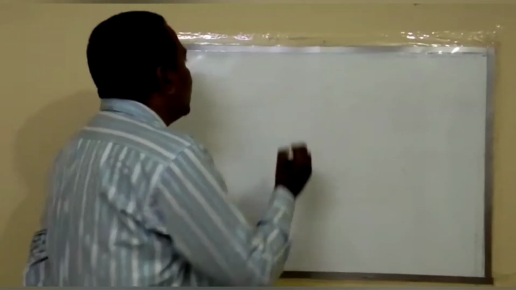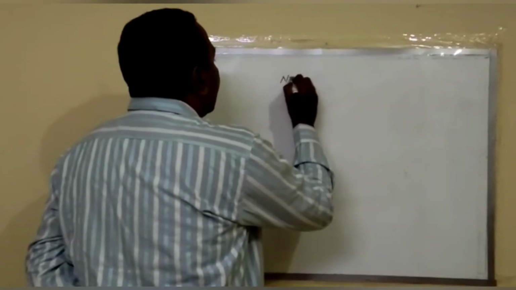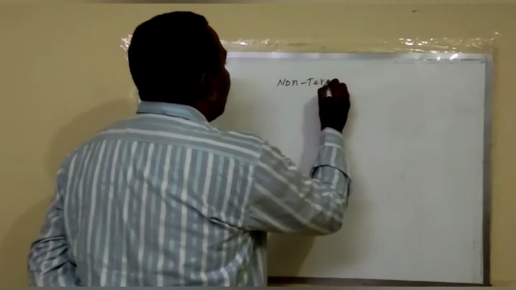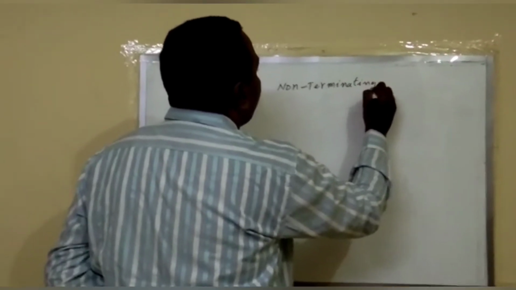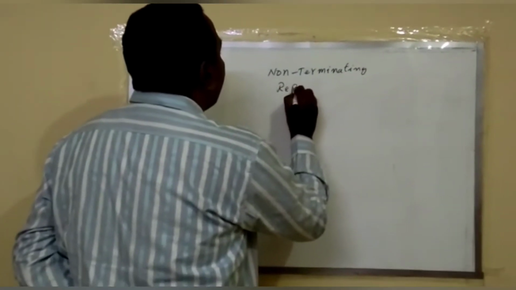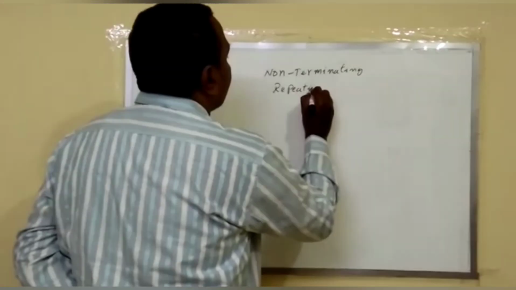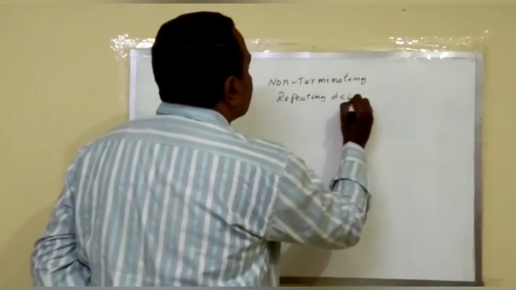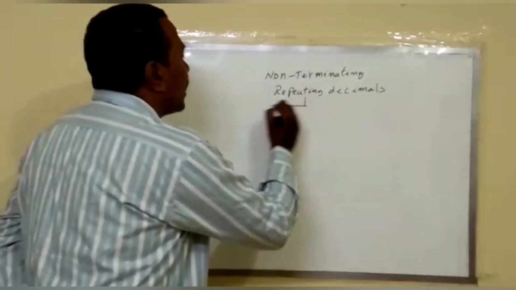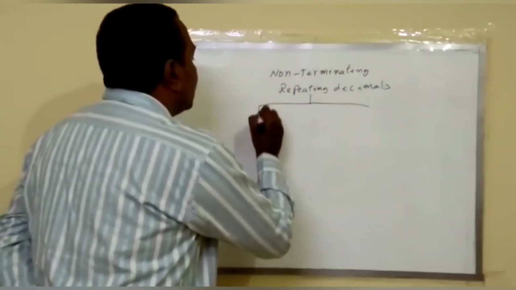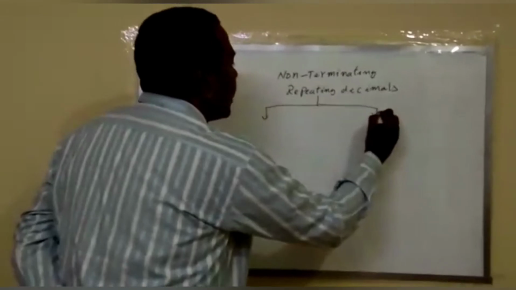Okay. Next, non-terminating repeating or recurring decimals are also classified into two types.